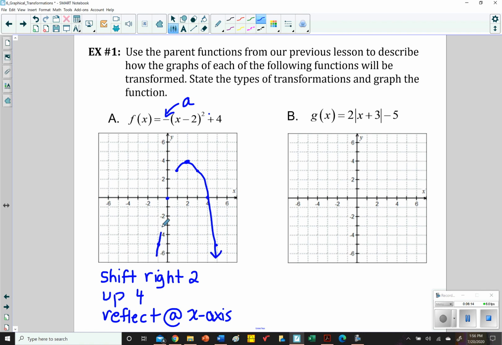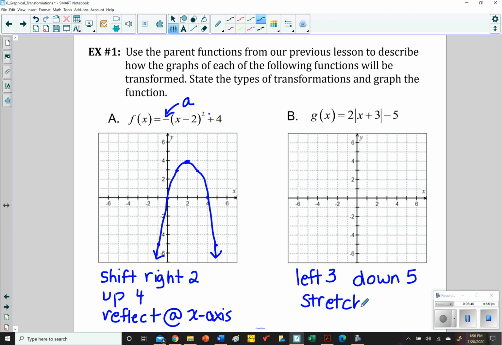On letter B, we've got an absolute value as our parent function, and +3 moves our graph to the left. So we have a shift left 3 units. And then -5 would move the graph down 5 units. The A value is 2, so that's a stretch factor.